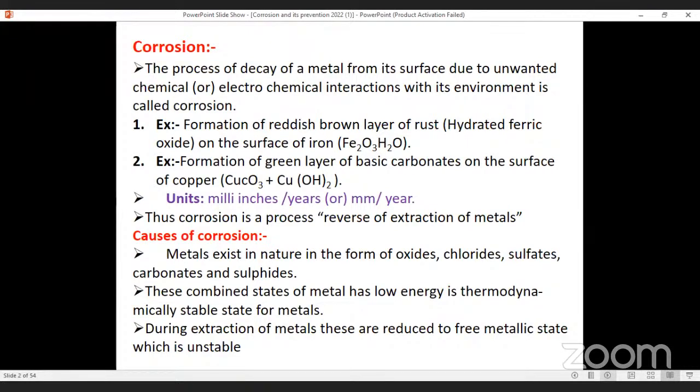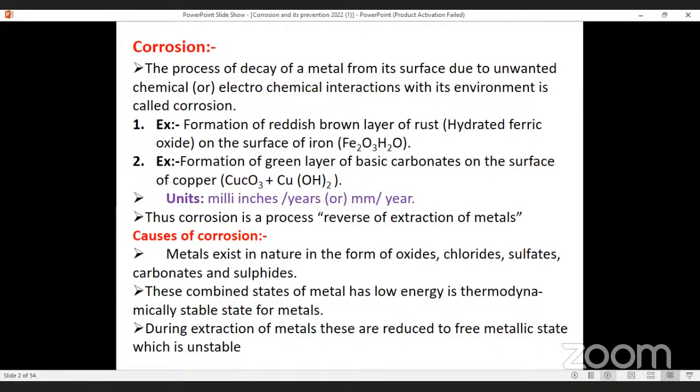Okay, fine. So the corrosion process means the process of decay of the metal from its surface due to unwanted chemical or electrochemical interactions with its environment. Simply, the surface of the metal is involved in electrochemical reactions, especially oxidation.